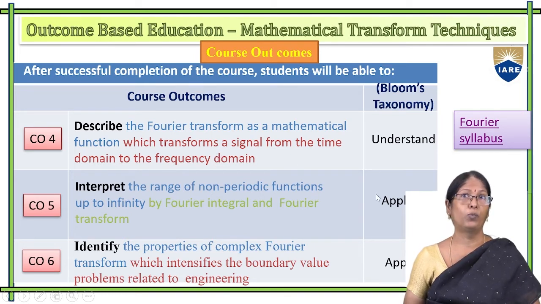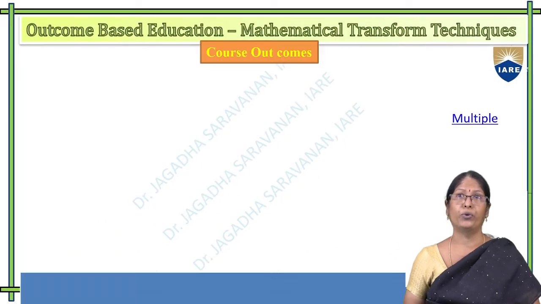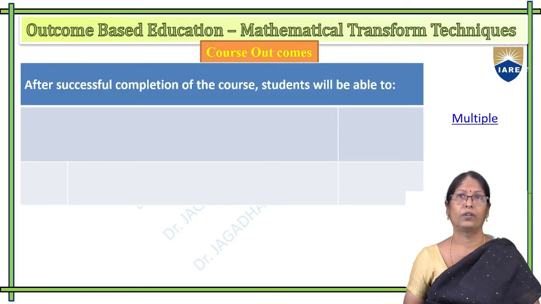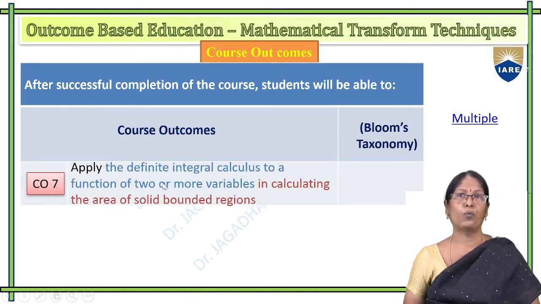Next we will move to our third module, which is multiple integrals. For multiple integrals, we have given the course outcome CO7, that is definite integral, which is the origin for our multiple integrals.